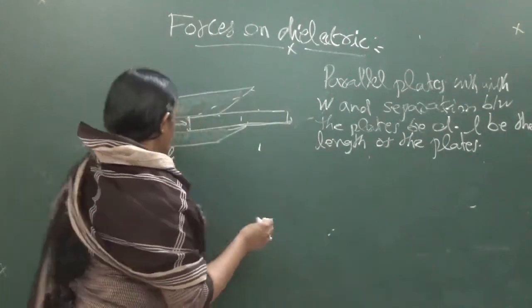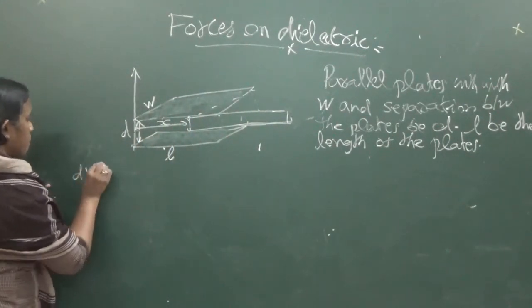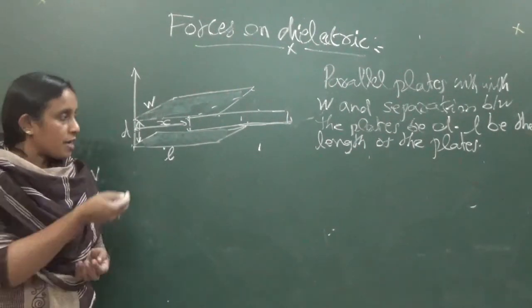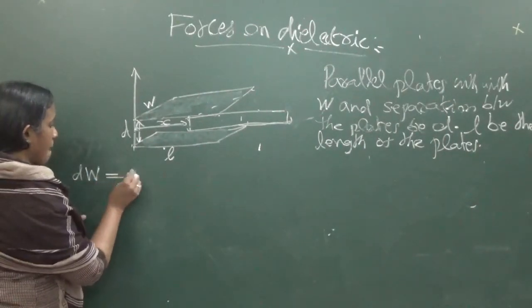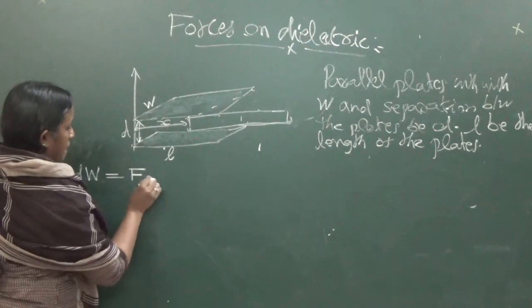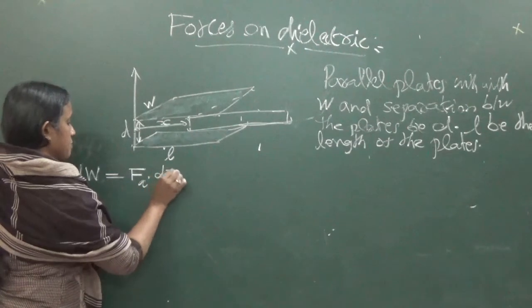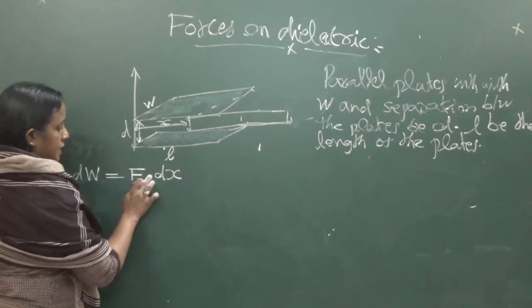The work required to pull out the dielectric slab by an amount dx is given by F applied dot dx.